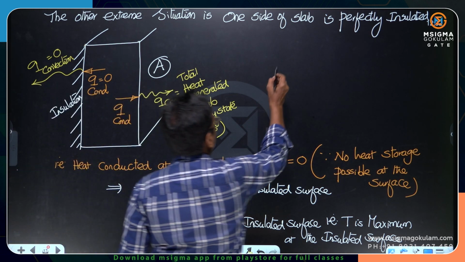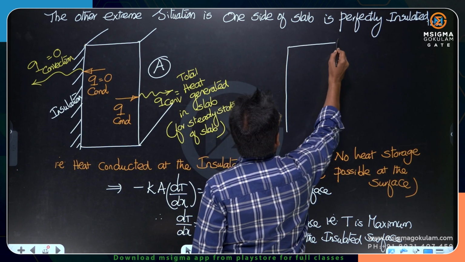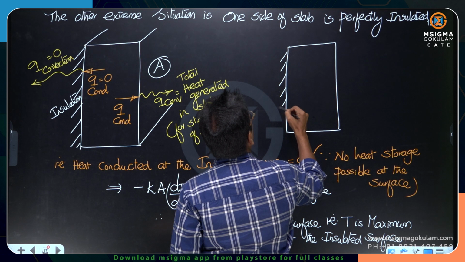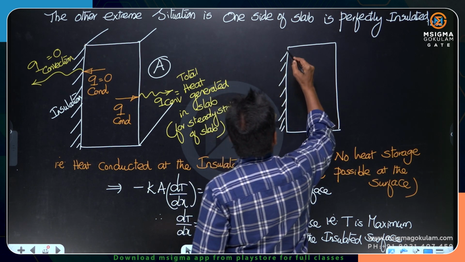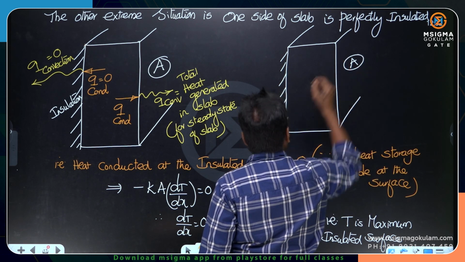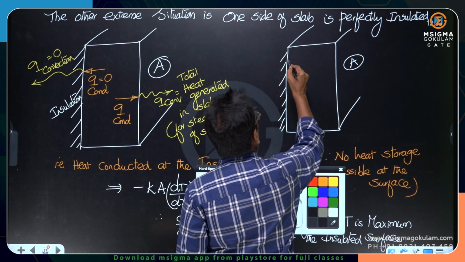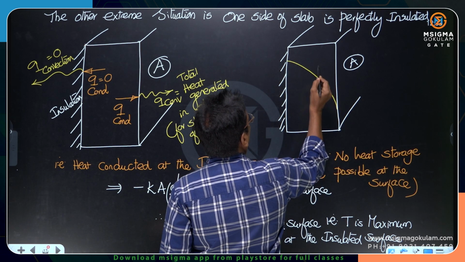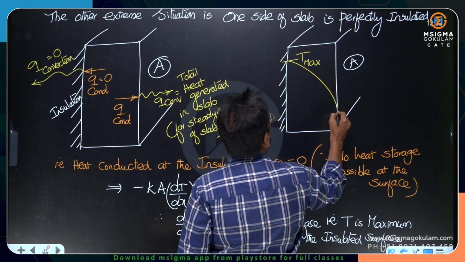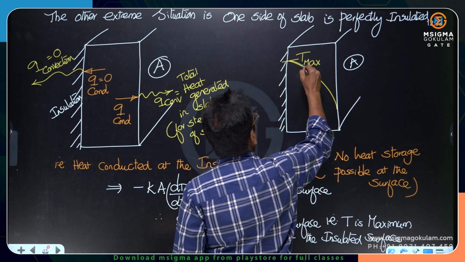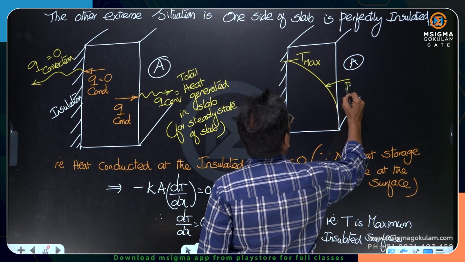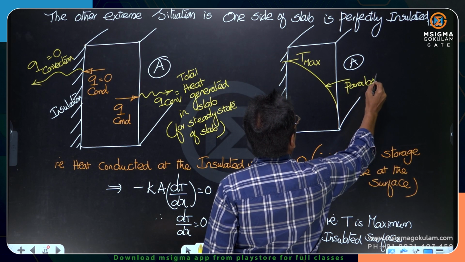So we can show here how the temperature profile looks when the surface is insulated. This hatching shows the insulation. The temperature profile will be like this. Parabolic only, but with maximum temperature at the insulated surface.